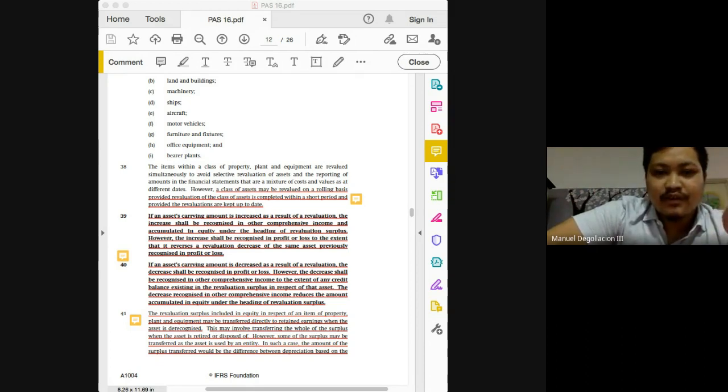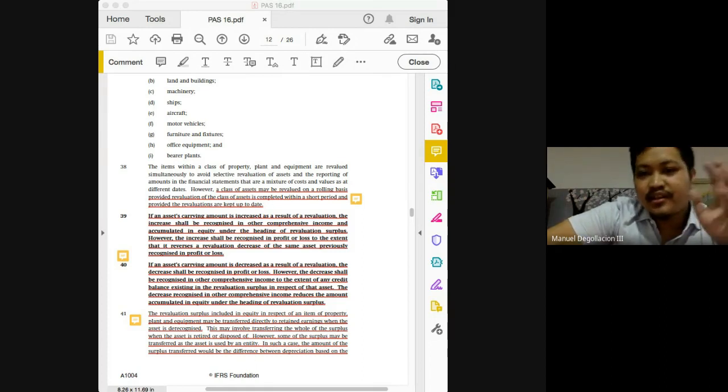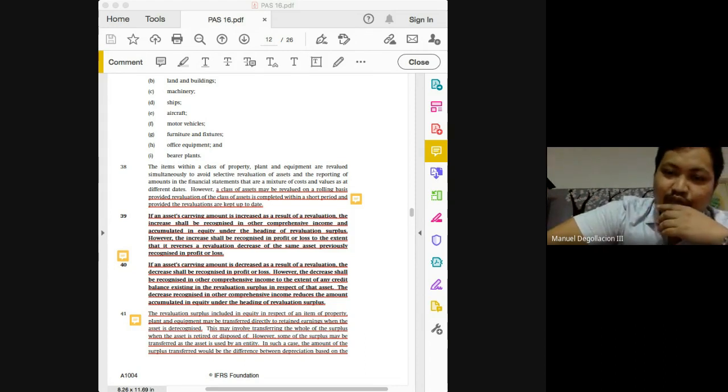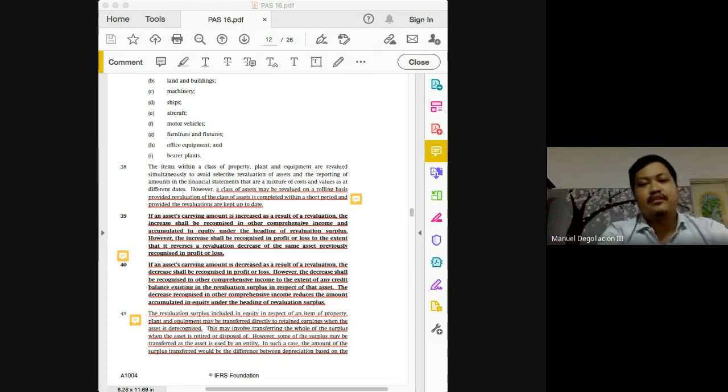Since in the first revaluation we had revaluation surplus of 400,000, it is not a big concern that it decreased by 200,000 during the second revaluation. We will not yet recognize any impairment loss because the revaluation decrease here has not yet fully exhausted the previously recognized revaluation surplus.